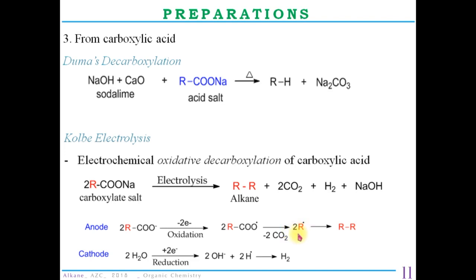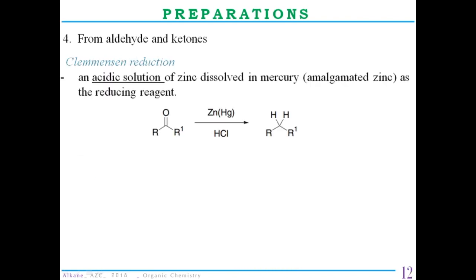Now 2 alkyl radicals give alkane. Now on the cathode side, 2 molecules of water gain 2 electrons, that is a reduction process, and are converted into hydroxide anion and 2 hydrogen radicals, which give hydrogen gas.